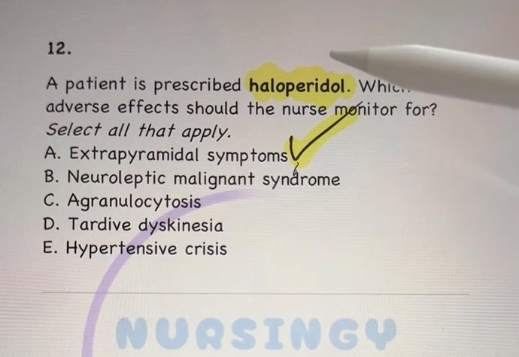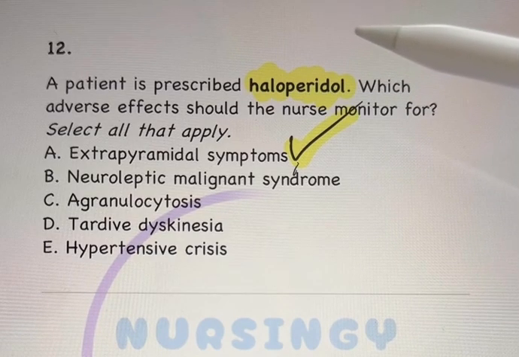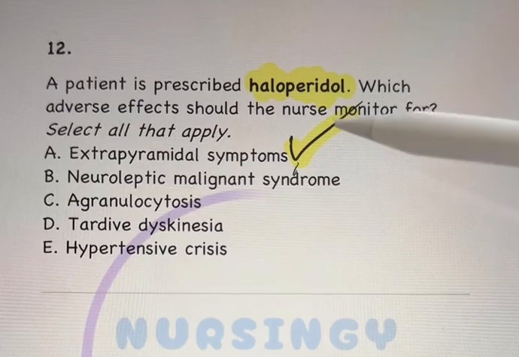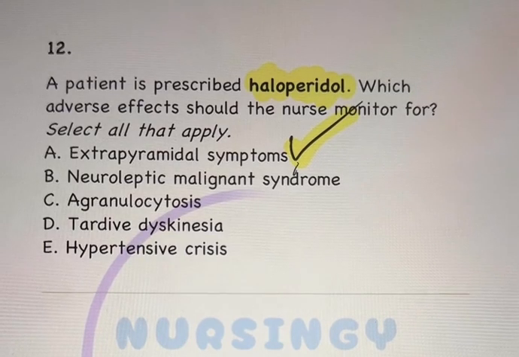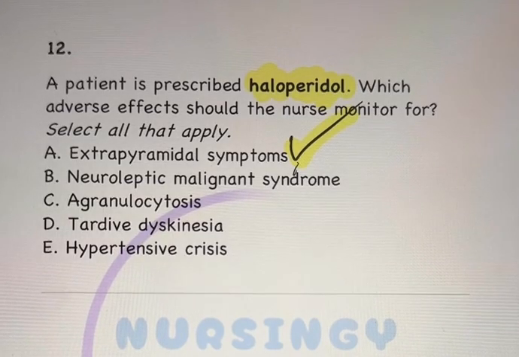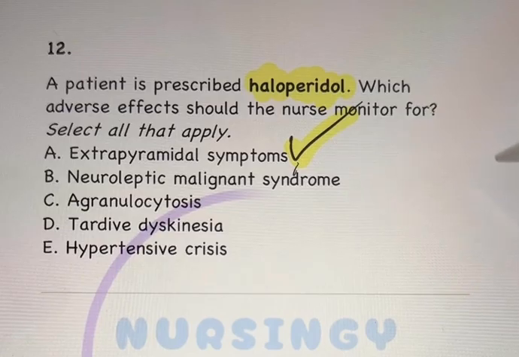So when we have haloperidol, it blocks the D2 receptors, and that releases a lot of calcium in the body. What is the symptom of neuroleptic malignant syndrome? When we first start the med or increase the dose.